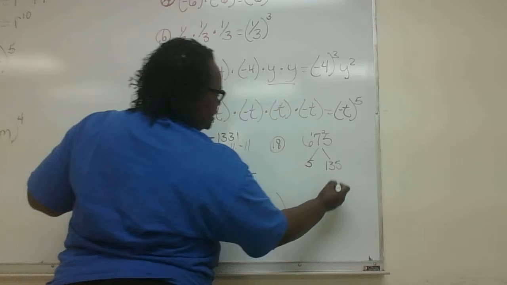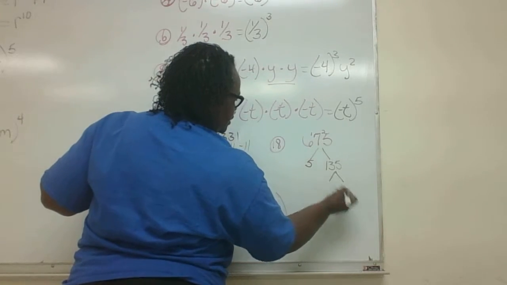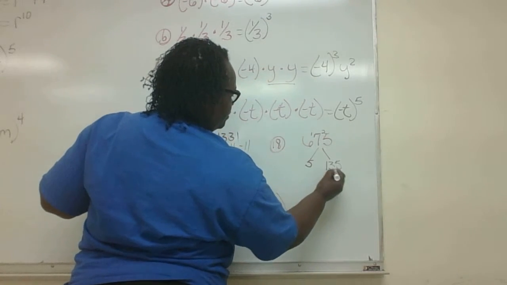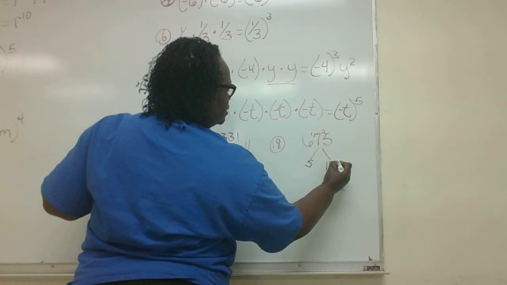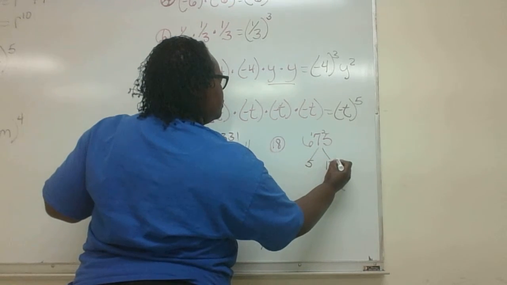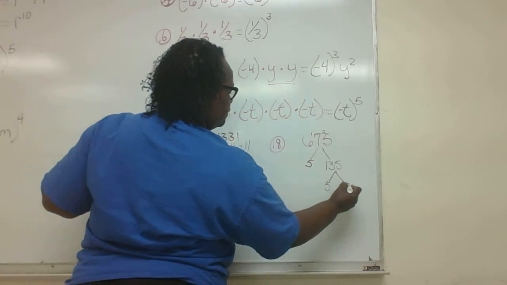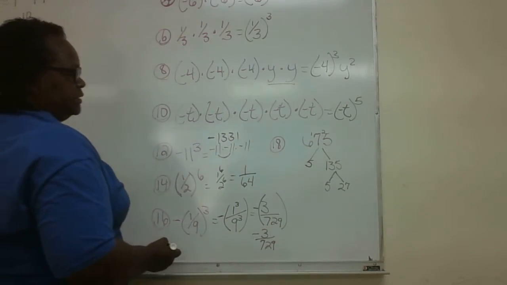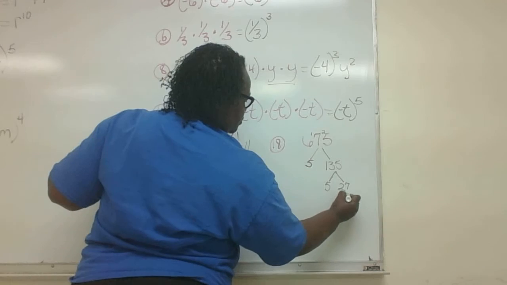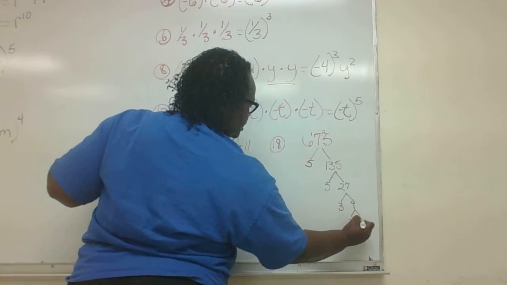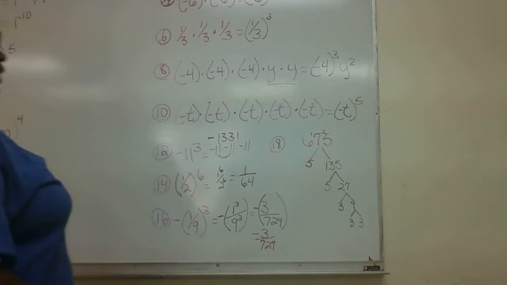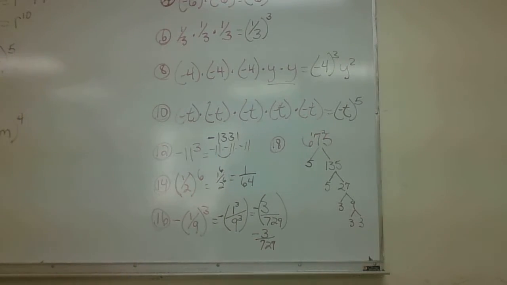And so then we break that down. Put another 5 here. How many 5s are in 13? We get 2 with 3 left over. Give us a 7, okay? So we break that down to a 3 times a 9 and break that down to a 3 times a 3. Okay, and so that's as far down as we get.